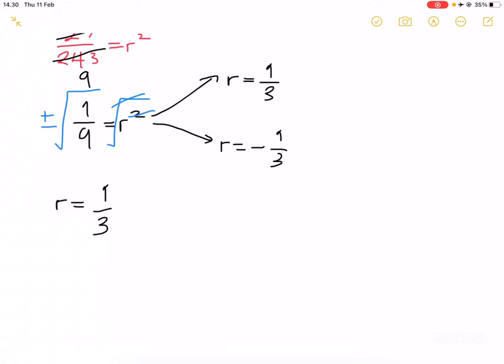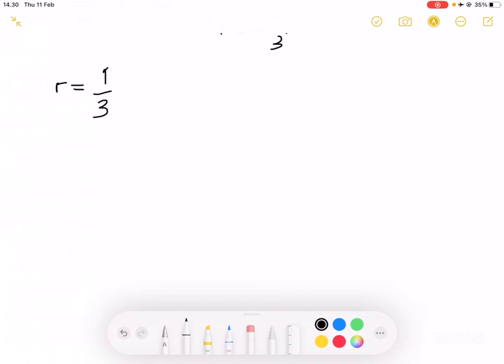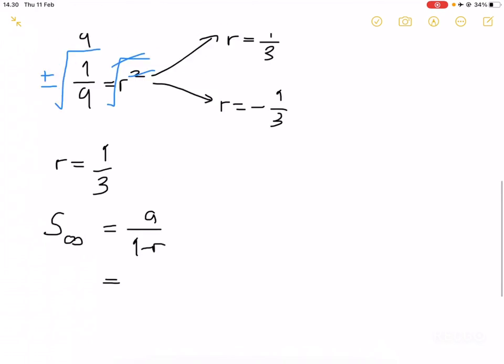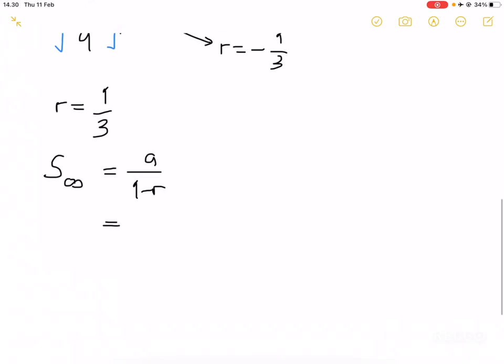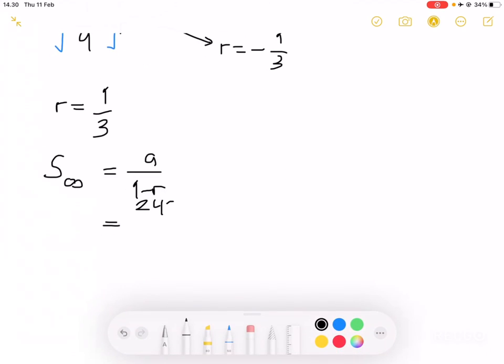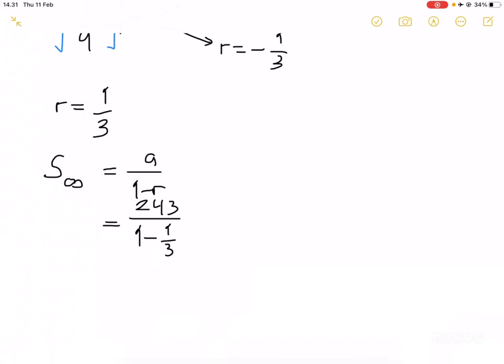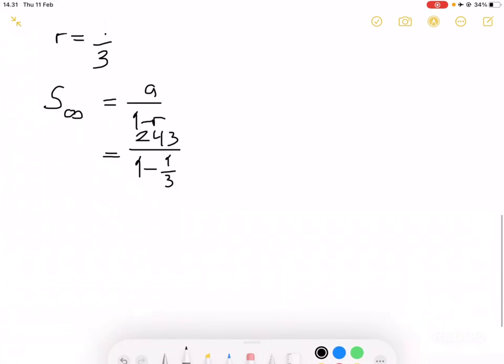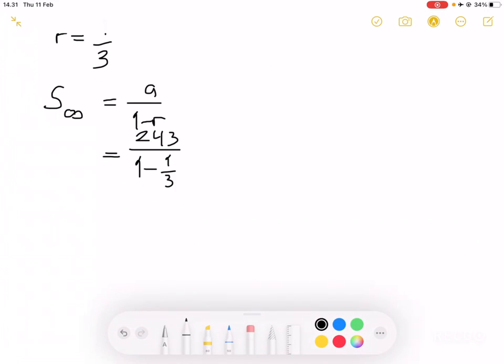When r equals 1/3, the infinite series is a over 1 minus r. Remember, our first term is 243, and this will become 1 minus 1 over 3. And the bottom part will be 2 over 3.